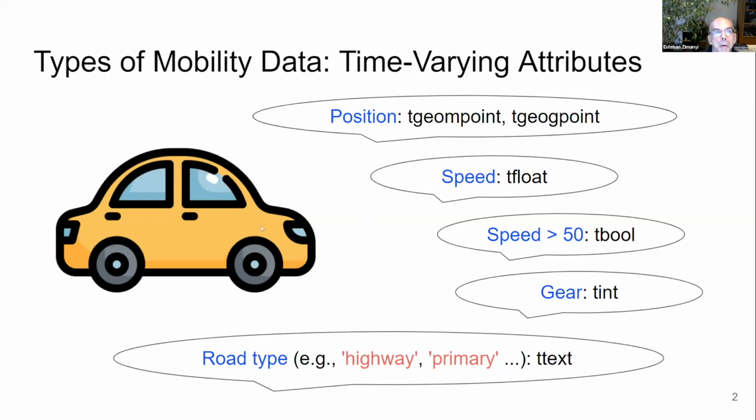And finally, we can also have a highway or primary road categorization that comes, for example, from OpenStreetMap, where you can say at this point in time the car was running on a highway or on a primary road, etc. So this is a temporal text.